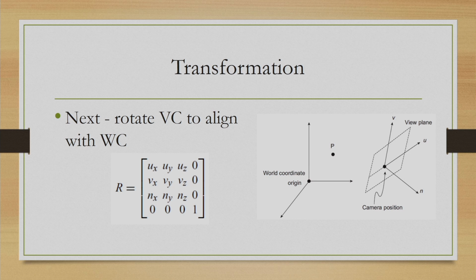Now, the rotation matrix is shown here, we will skip the derivation, it can be derived. But for the time being, let us just note the rotation matrix. This matrix, if applied, rotates the viewing coordinate system to align it with the world coordinate system.